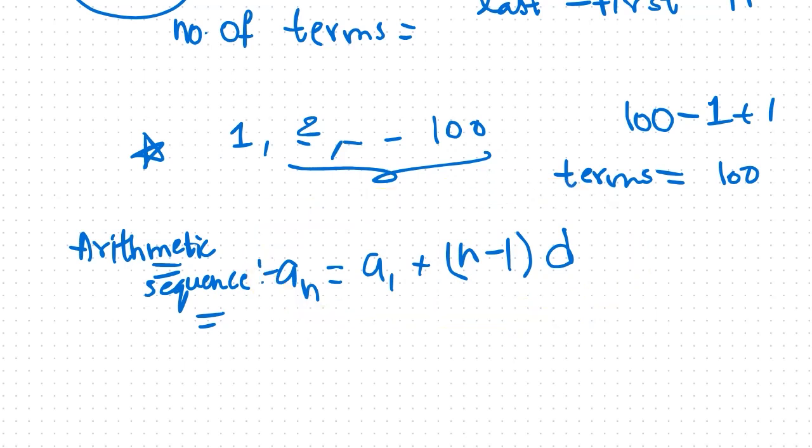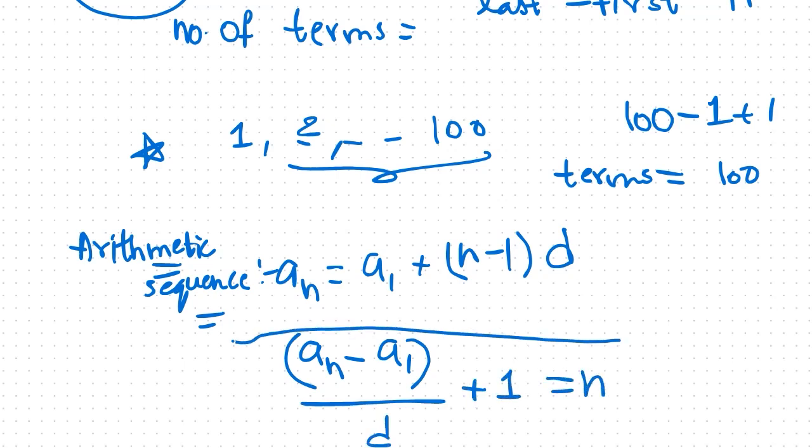See, n is the number of terms. If you solve for n, it will be an minus a1 is equal to n minus 1 into d. If you divide by d and add 1, this will be n. So you see, it's last minus first upon common difference, plus 1.